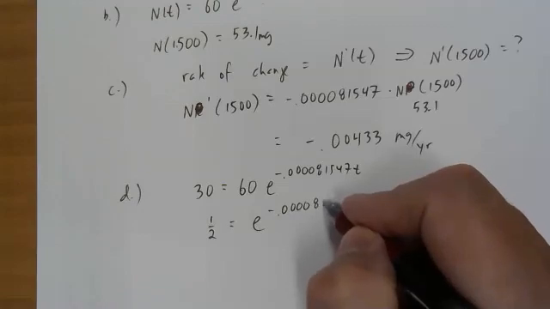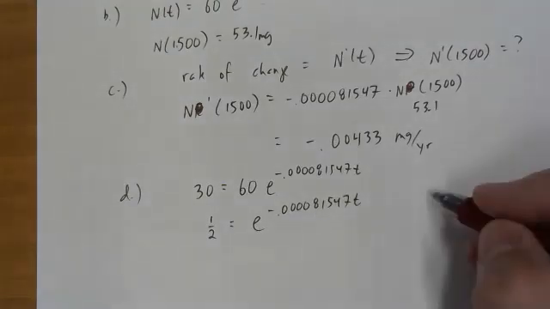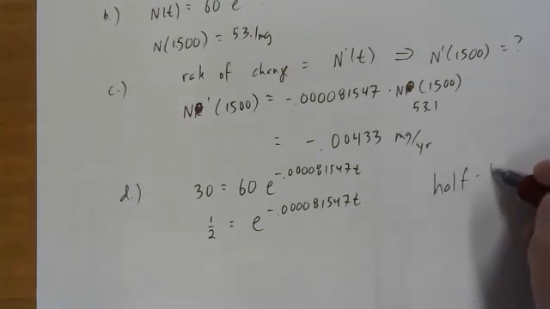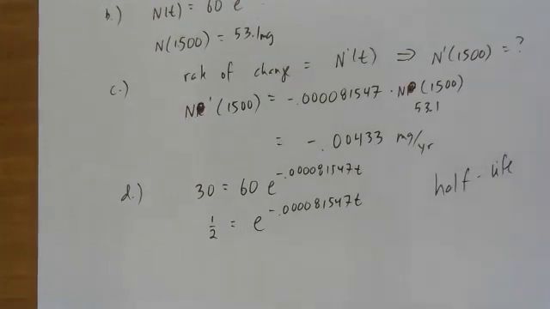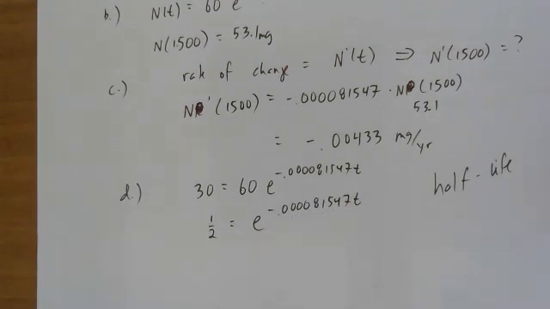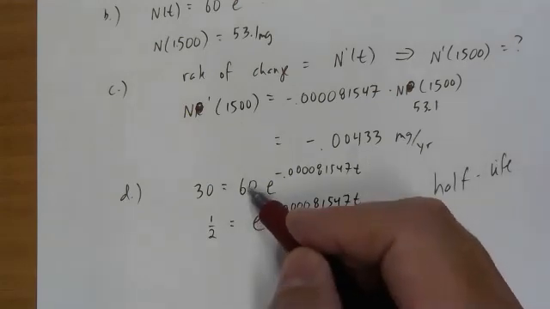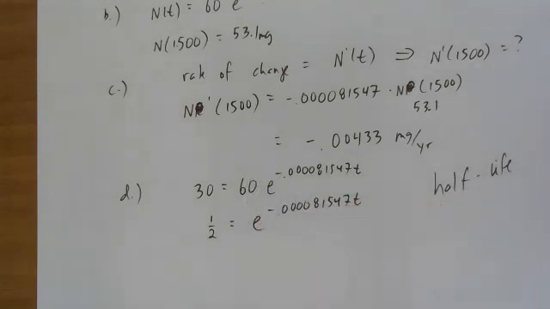Turns out this is sort of a special problem because in the world of science especially, it's pretty common that they do these half-life problems. Half-life means you start out with a certain amount and they're looking for the amount of time that half of this goes away. So these apply to problems where it's decaying, where the amount is getting less and less. And the half-life says, okay, how long until your original amount drops by half?